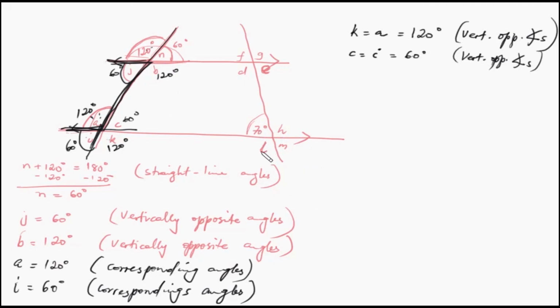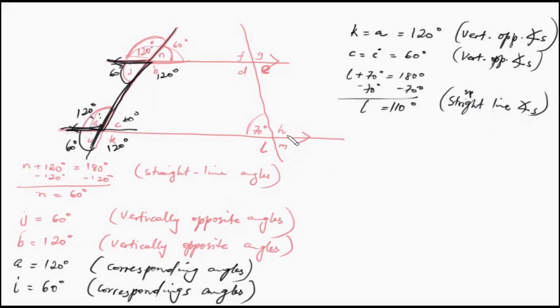Here, L plus 70 must be 180 degrees. Therefore, you subtract 70 from both sides, and you get L as 110 degrees. So you say straight line angles. I'm sorry about the spelling here.